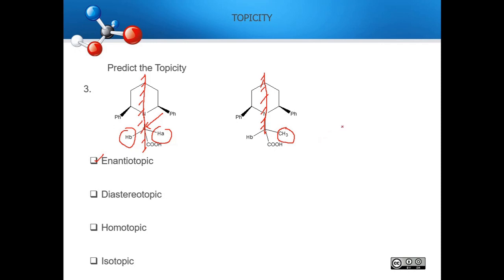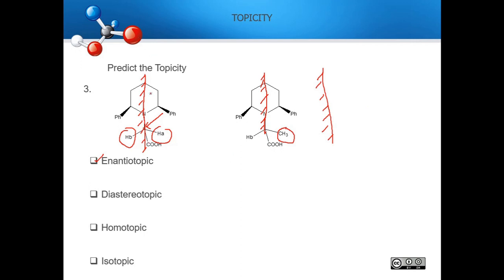Therefore they are non-superimposable. They can exist as a pair of non-superimposable mirror images, and it becomes optically active. So we can have a mirror image here, mirror image of this, and therefore it can be optically active.